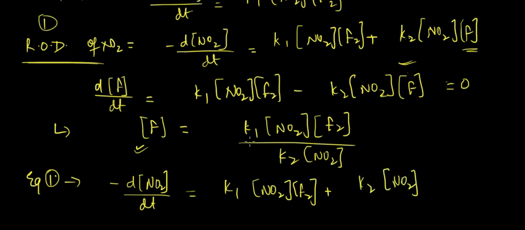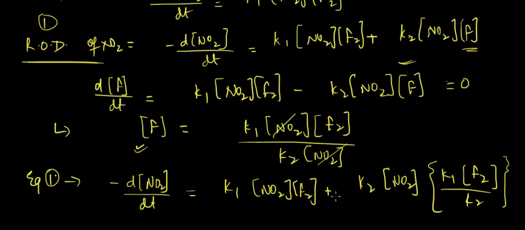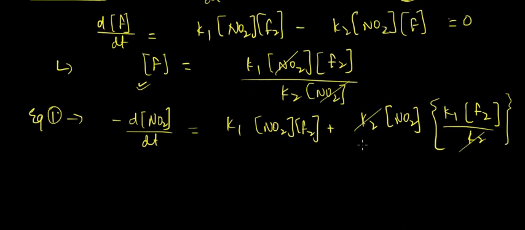What is the value of F here? The value of F can be substituted from here, which is K1 NO2 F2 divided by K2 NO2. NO2 and NO2 get cancelled, so no need to write NO2 here. We can directly write F2 divided by K2. So K2 and K2 get cancelled out. What would be remaining is K1 NO2 F2 and K1 NO2 F2.